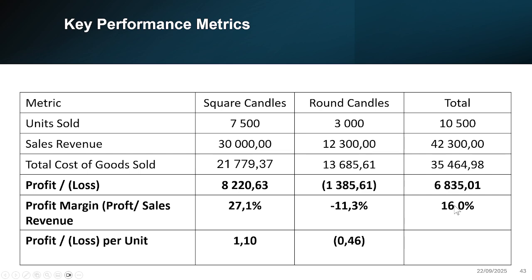But you know that the high level view is misleading, because the square candle has a huge success with a strong profit margin of 27%. In contrast, the round candles have a negative profit margin of 11.3%. All the company profits are coming from one product line, while the other is draining resources, right?